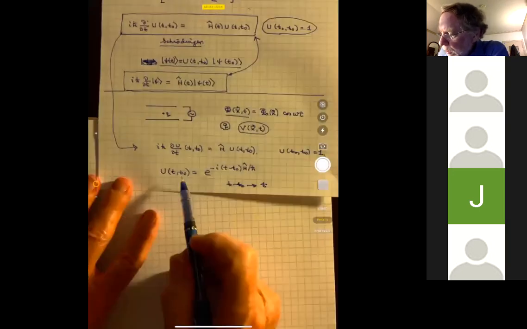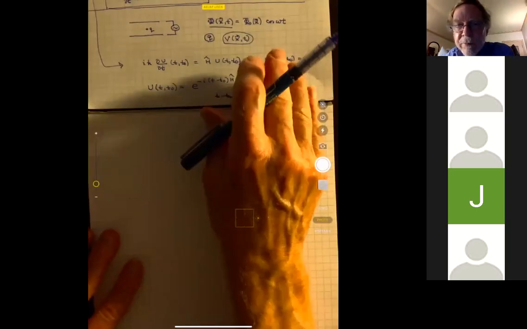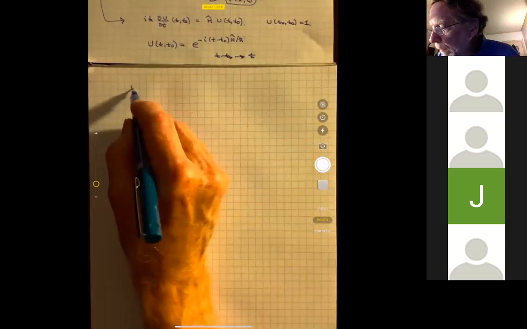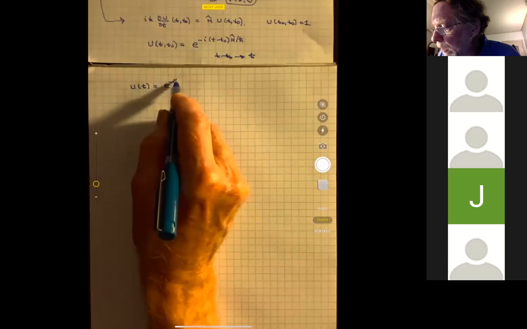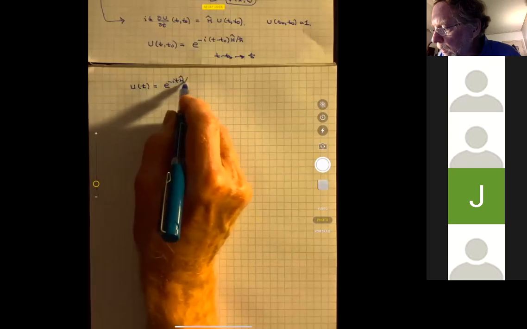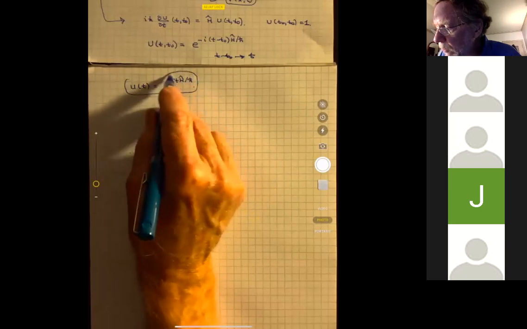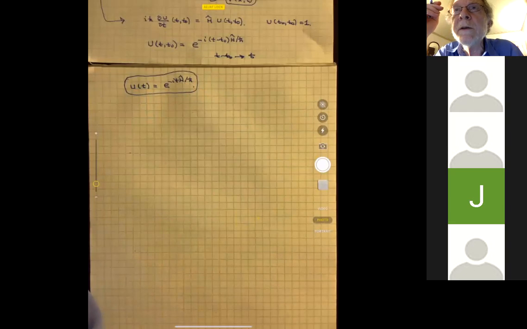Or if you like, we can set t0 equals 0, which means the same thing. And then we have a useful formula for time independent Hamiltonians, which is that U of t is equal to e to the minus i t H hat over h bar, like so. We get this oftentimes useful result for the unitary time evolution operator in cases in which the Hamiltonian has no explicit time dependence.